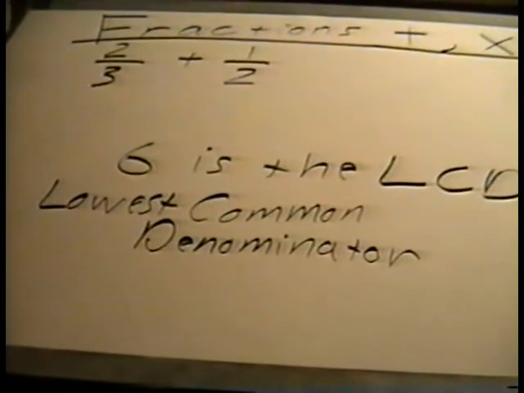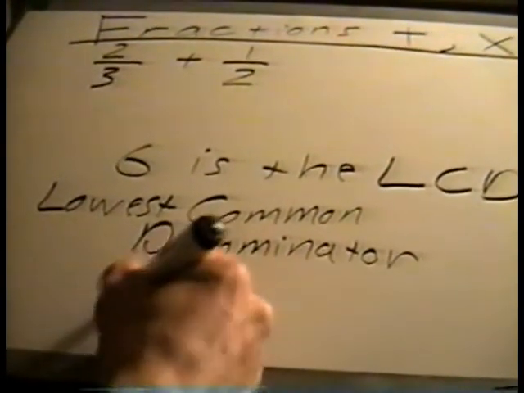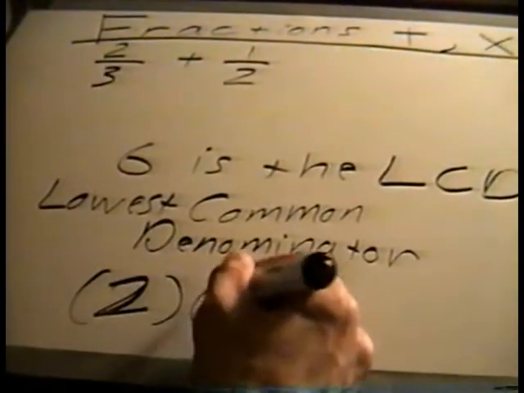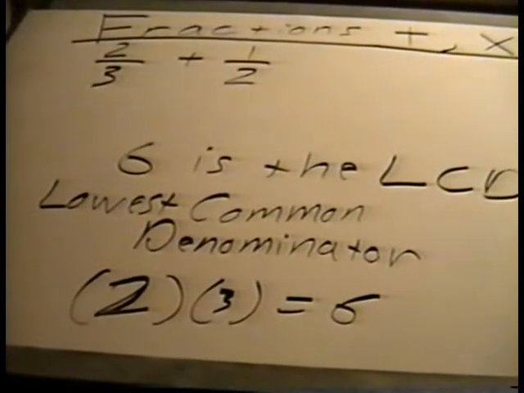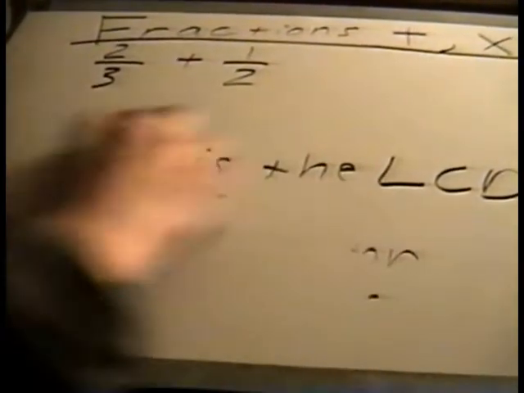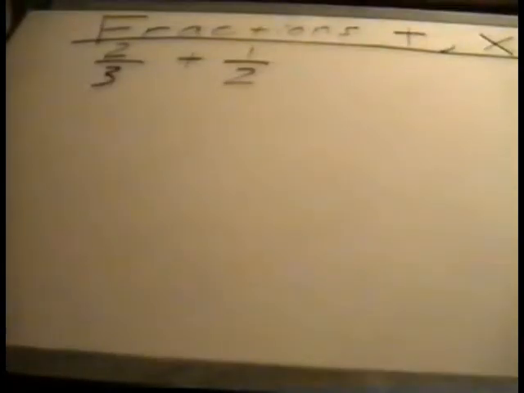Now let's say we have some terms with different denominators, like x over y plus x over z. That cannot be added.